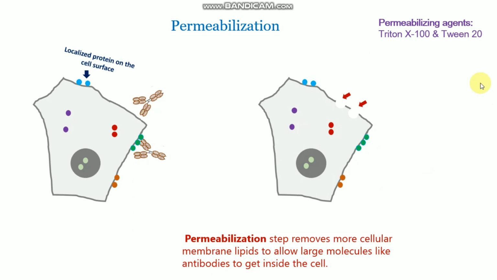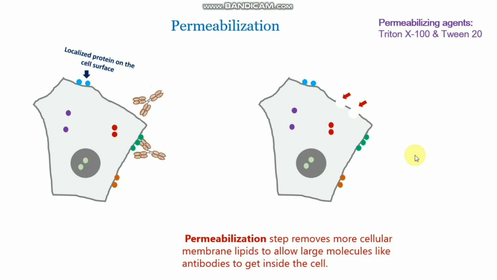These are organic solvents, and they dissolve part of the lipid layer of the cell membrane. As a result, pores are created in the cell membrane, and these pores allow the macromolecules to get inside the cells.